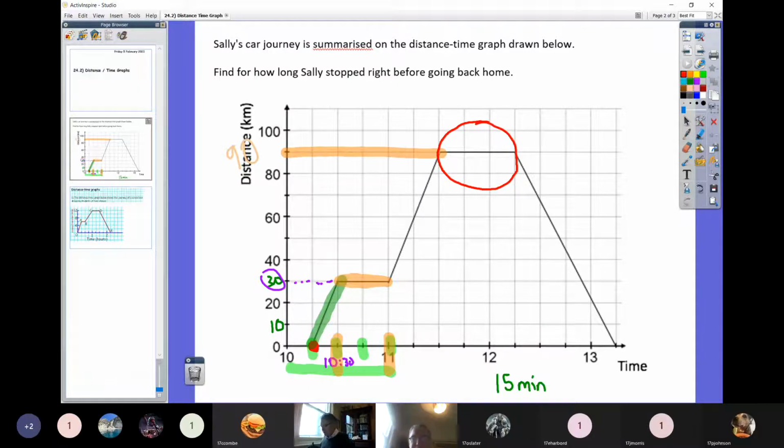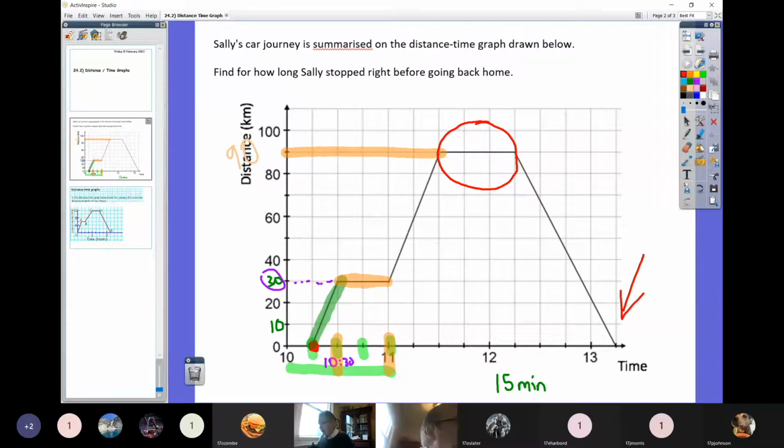That would be for 3 squares. That would be for 3 lots of 15 minutes. That would be for 45 minutes. The question might say, what time did she get home? Well, that's going to be the time right at the bottom where the line joins the x-axis again. So that's going to be at 13:15 down at the bottom.